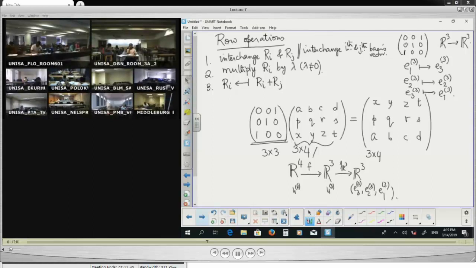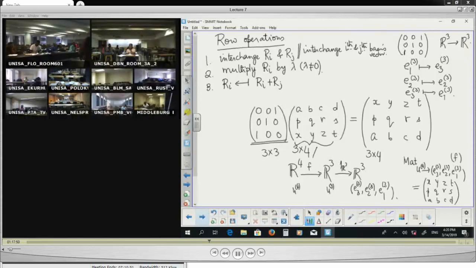This product turns out to be the matrix of F. This is identity composed F, right?